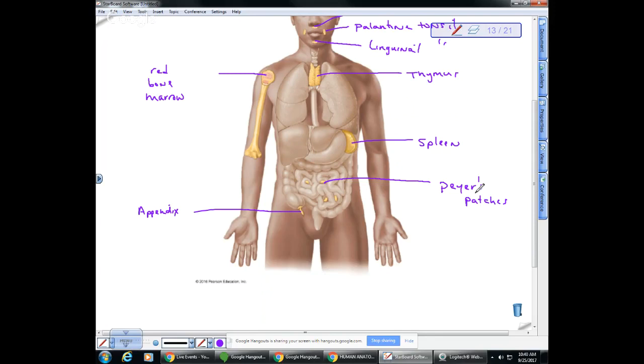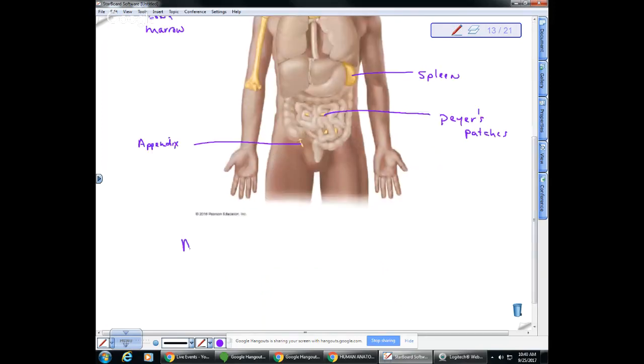Some of the lymphatic organs are grouped together as what is called MALT. MALT is short for mucus-associated lymphatic tissue.